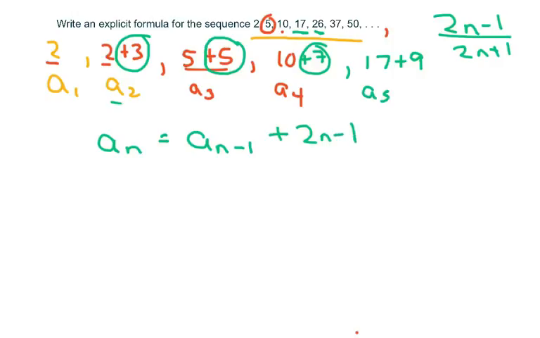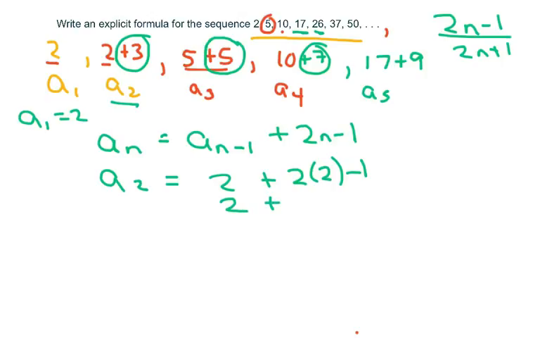So let's see if ace of 2 works. And we're just going to say our first term is 2. So ace of 2 is my previous term, which is 2, plus 2 times 2 minus 1, which is 2 plus 3, which is what we have here. And if you want to try again, we'll try ace of 3. So it's my previous term. That's what this means.